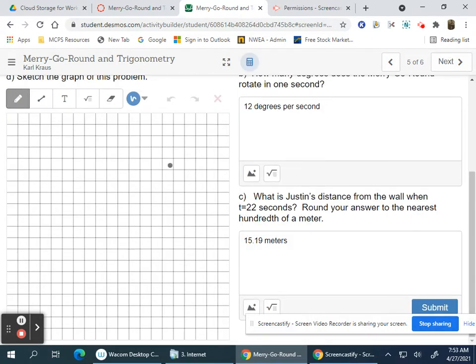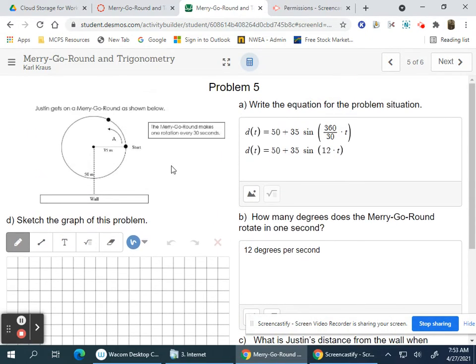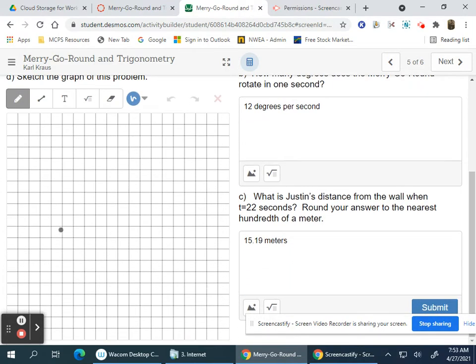And then the graph, the maximum would be 85, minimum 15. And then 30 seconds here.